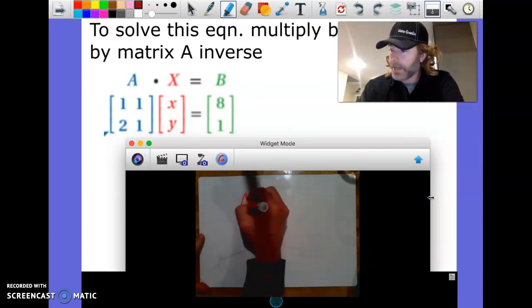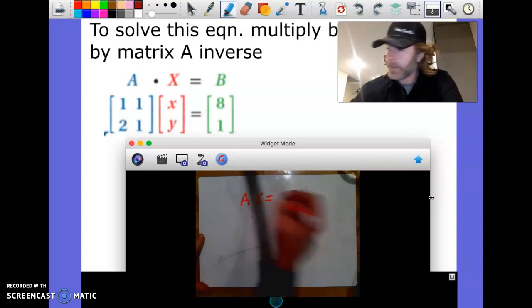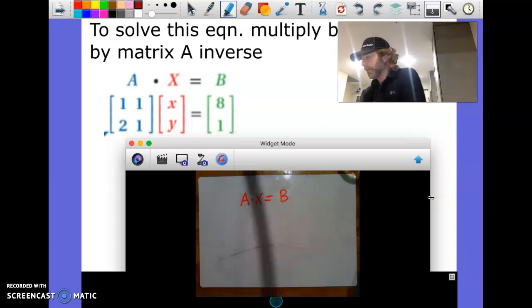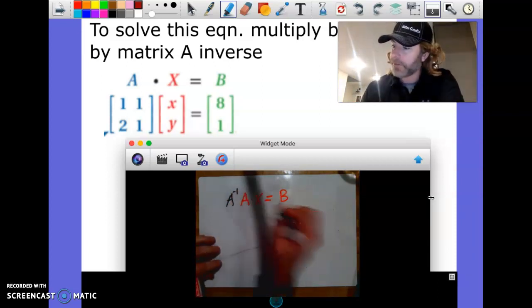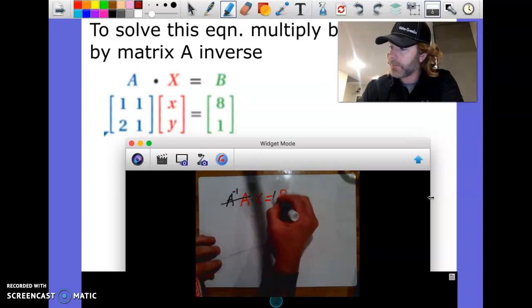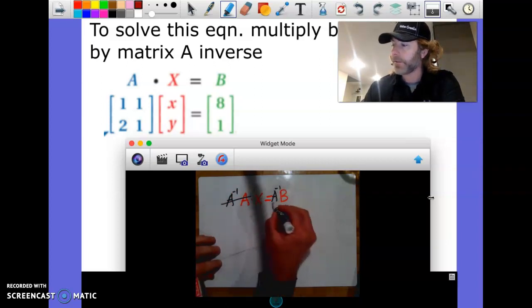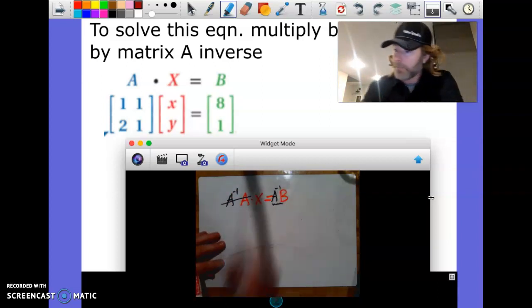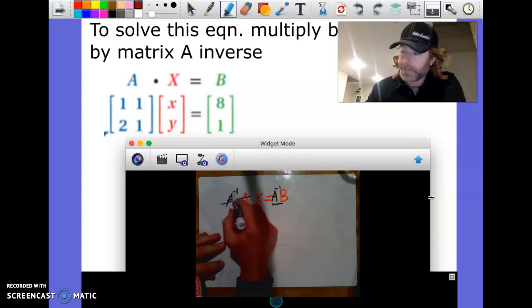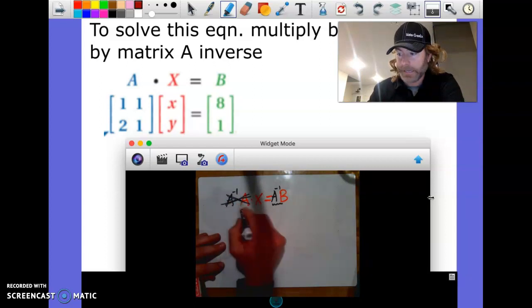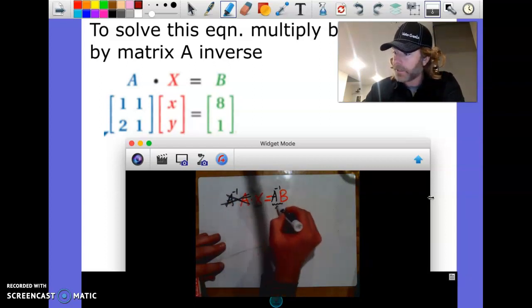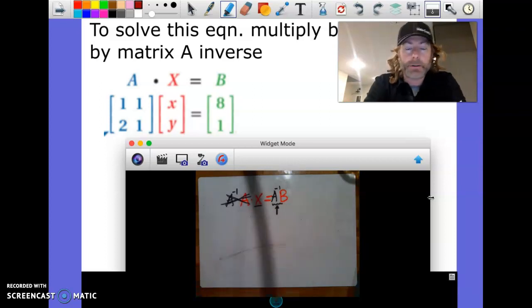We're going to take matrix A and multiply both sides by the inverse of A. Make sure we do it in this order, this order on this side is ultra important. So matrix A times the inverse of A basically cancels out. This is equal to the identity matrix, which leaves just our variables. So what we need to solve for is the inverse of A times B.